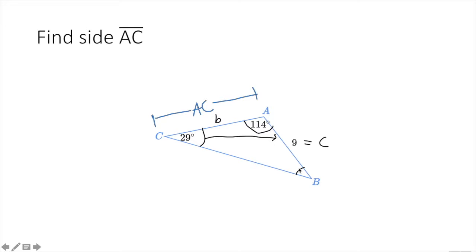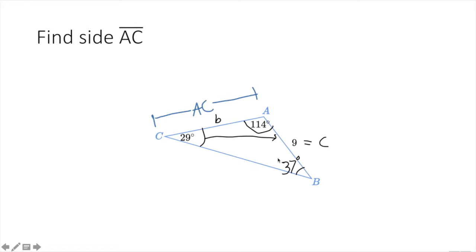We can find angle B exactly because all triangles add up to 180 degrees. So we take 180 minus 114 minus 29, and we get 37. So we know that angle B is 37.